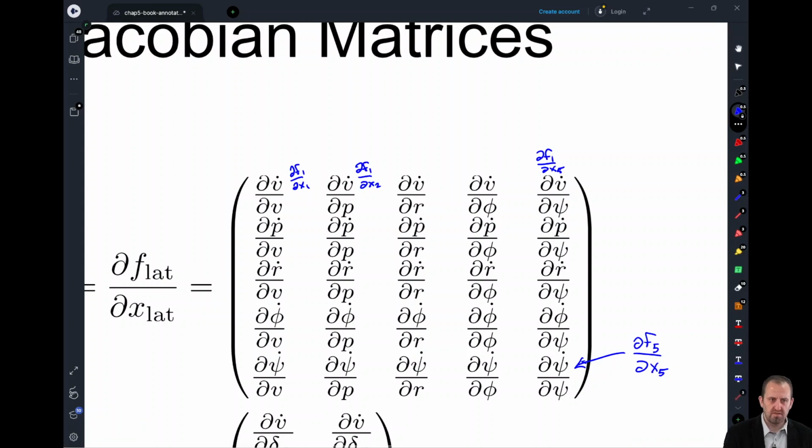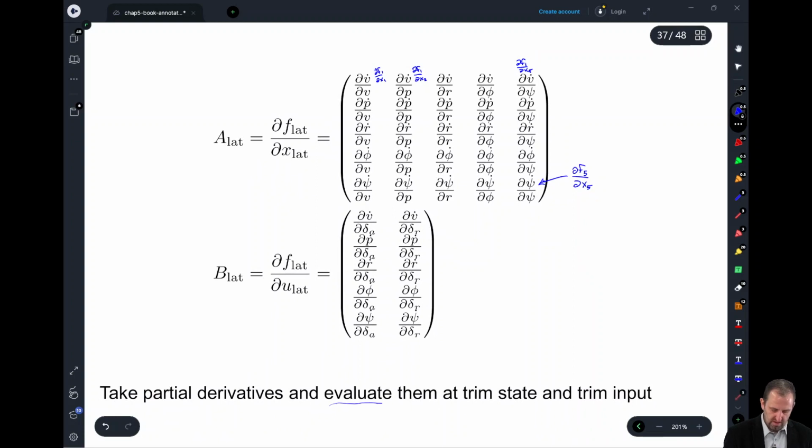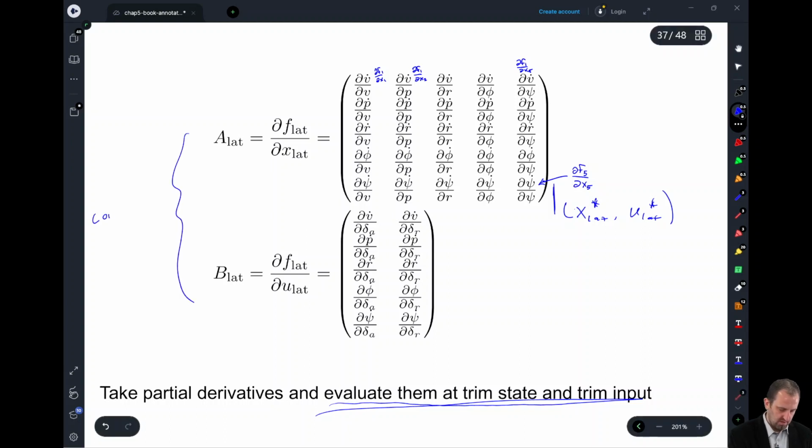So we can take our partial derivative with respect to x and with respect to u, and we evaluate them at the trim state. So one thing that I want to emphasize is that you need to make sure you're evaluating this at x lateral star, u lateral star, right? These should be constant matrices. And again, this one is evaluated at x lateral star, u lateral star. Okay.